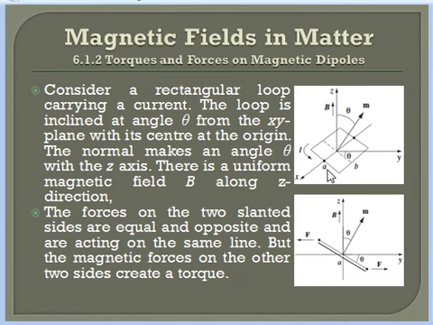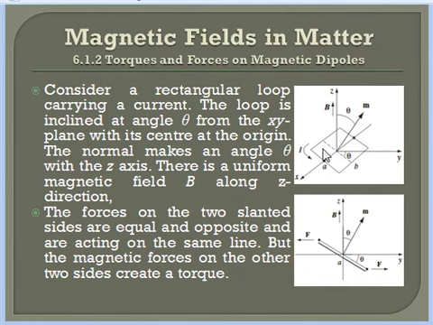That is, forefinger field, middle finger motion, then thumb represents the force in this direction, and on the other side the force is in the opposite direction. These two forces are equal and opposite and act on the same line of action. So they are trying to stretch the loop, but they have no other effect. Because of these two forces, the net force acting on the loop is 0 and the net torque is also 0.